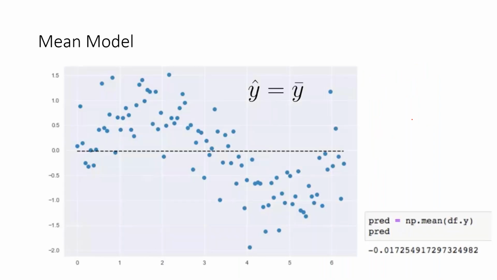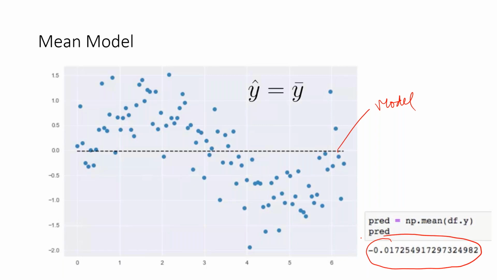If we overlay that model, here the blue dots are our scatter plot, and the black dotted line is actually my model. I calculated the average of all y's, which is minus 0.0172.